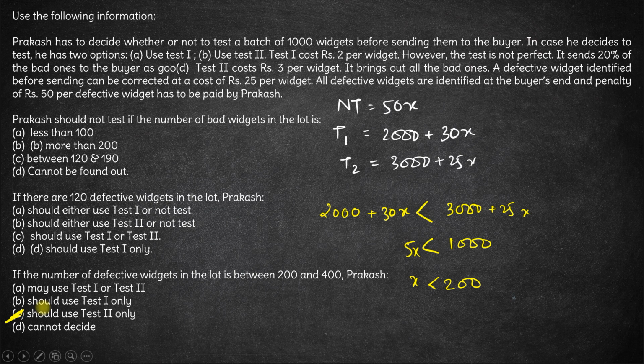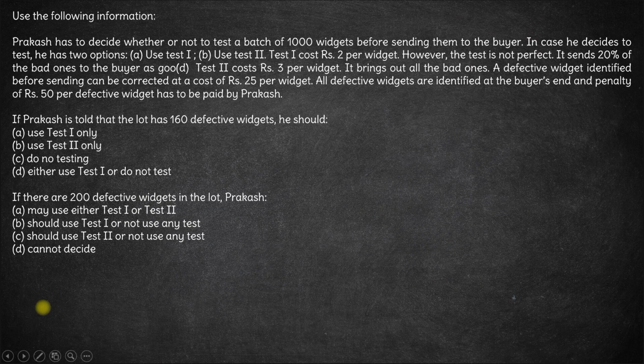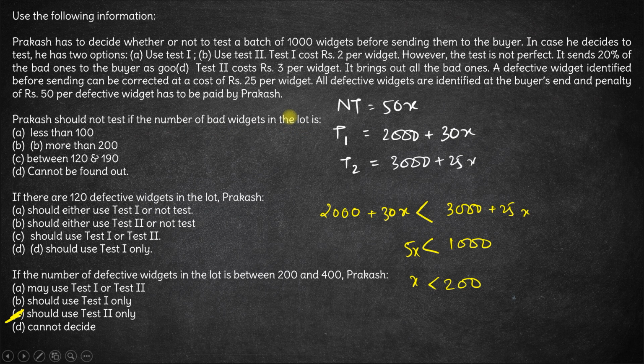Okay. Moving on to the next question here. If Prakash is told that the lot has 160 defective widgets. So now from here we can say that if the number of defective widgets is from 0 to 100, then no test should be preferred. If it is from 100 to 200, then test 1 should be preferred, and for more than 200, test 2 should be preferred.